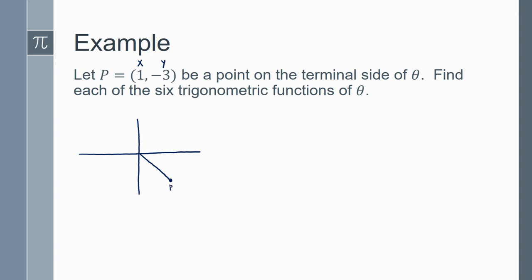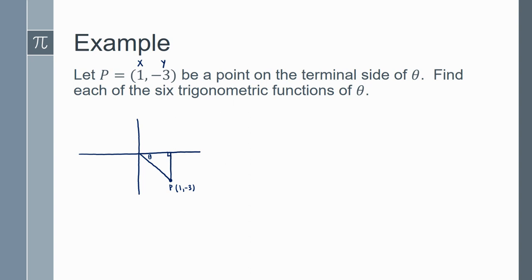Okay, so if that's the point P, I know that I always want to draw from that point P a perpendicular segment to the x-axis. Okay, so there is my right triangle. And I know that I'm going to be dealing with theta inside the triangle by the origin.